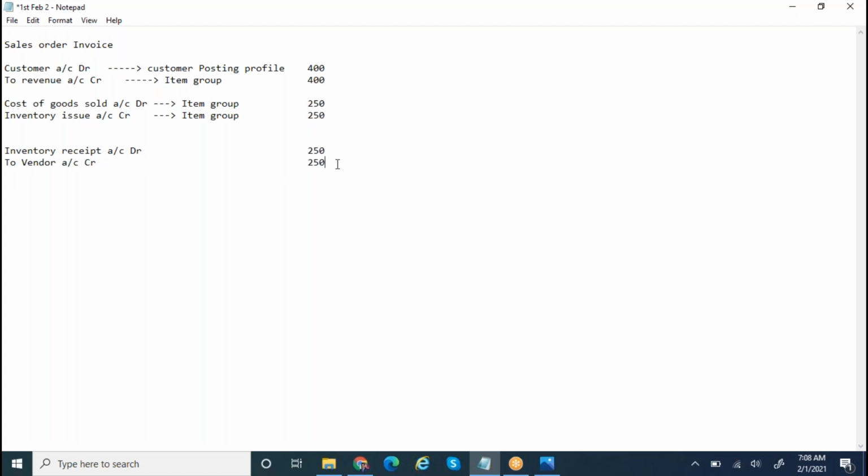Of course, one more account is there. It is purchase expenditure for product. Zero. So, Takir, I will give you clarification after some time why it is not posting to the expenditure.